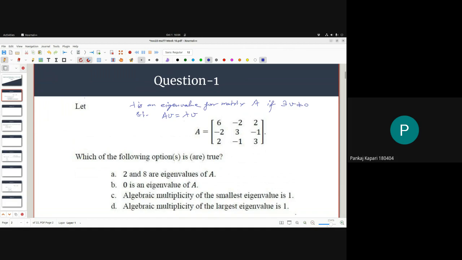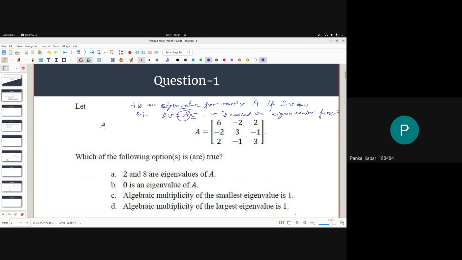Such a lambda is called an eigenvalue, and this vector V is called an eigenvector for lambda.